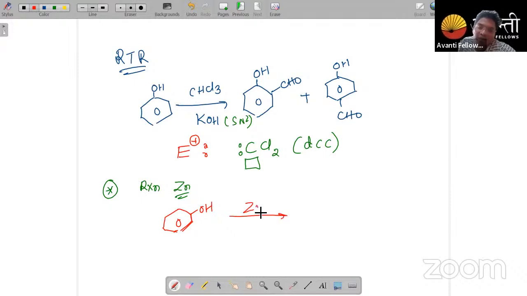If you are treating a phenol with a metal like zinc, they are going to reduce it, removing oxygen. There is a reduction that will take place, and reduction here is simply the removal of oxygen. So it is very simple. You just need to remember this.